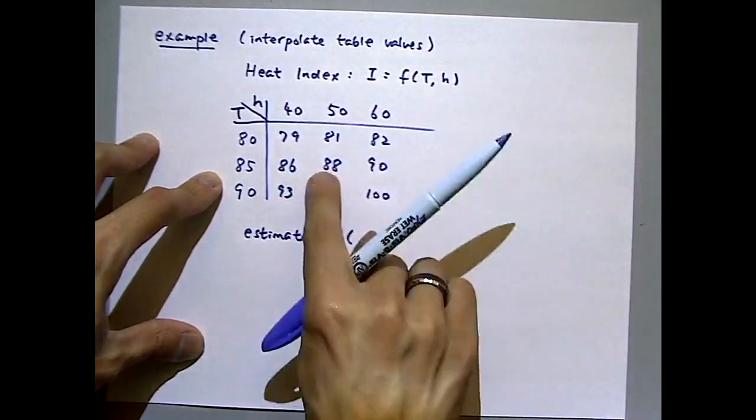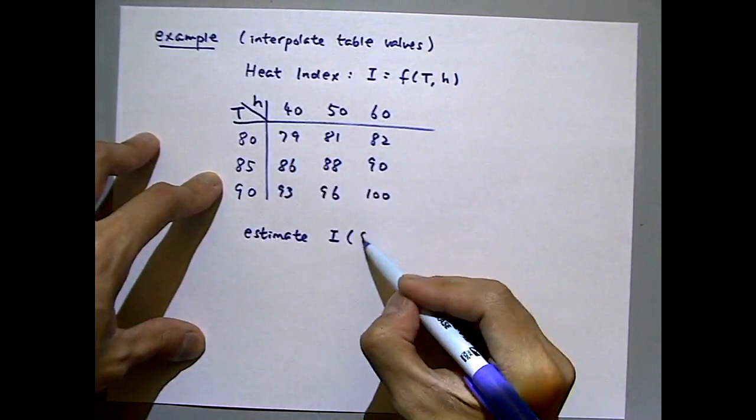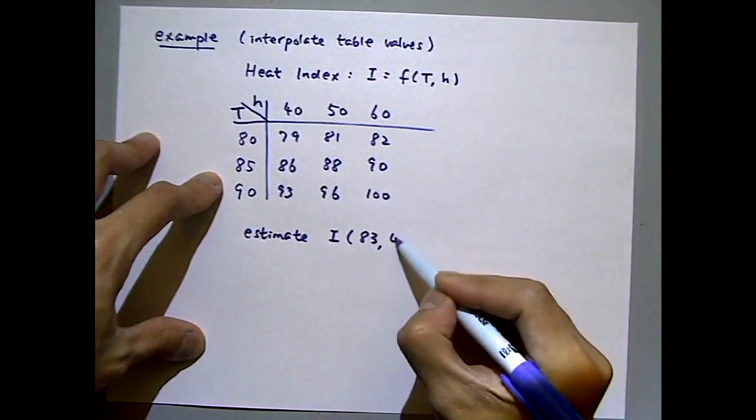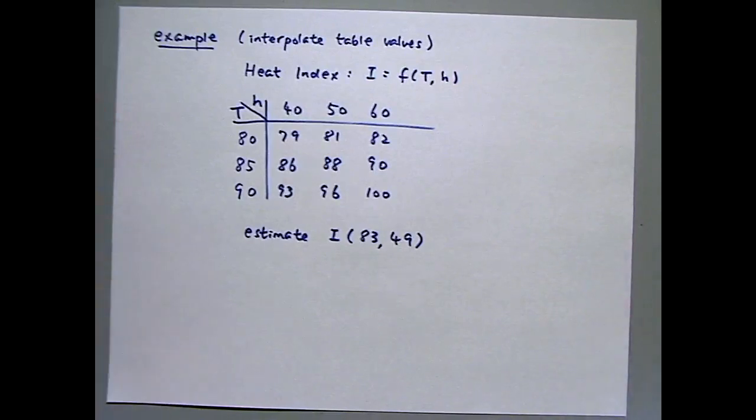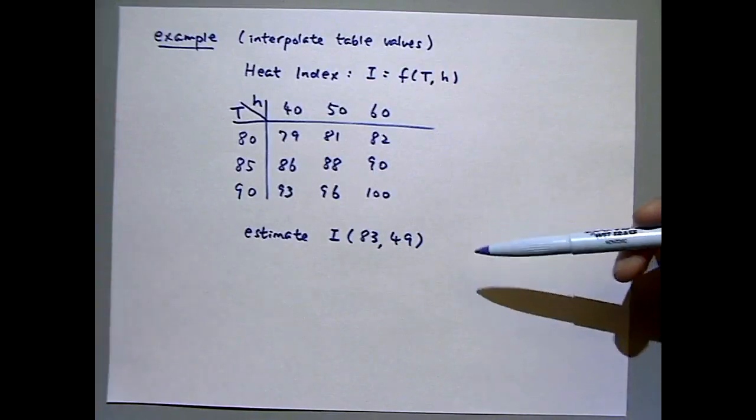Now suppose we want something nearby that point, let's say 83, 49. That's clearly not something we have in that table. You can kind of eyeball that and try to estimate it, but we can actually use our tangent plane idea to find the estimated change.